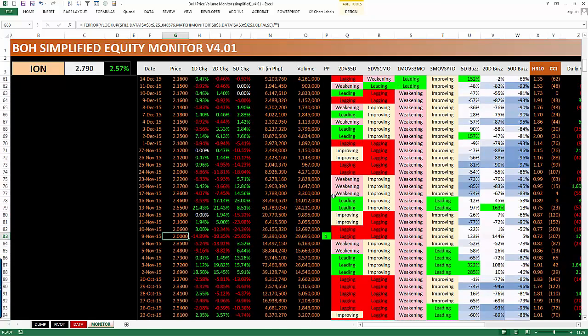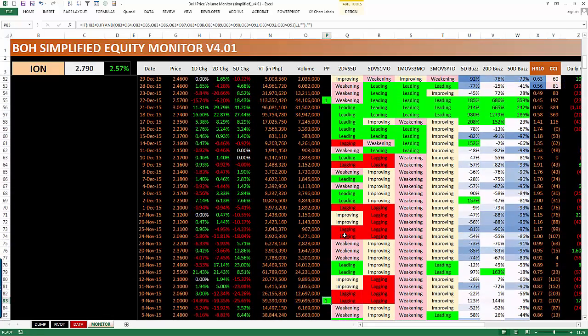Never na bumalik below 2 pesos itong si Ion during this period. So again, capitulation volume marked the low of that price action, and then it never tested 2 pesos again. Nag-consolidate siya between 2.10 and 2 pesos, but it never broke below 2 pesos anymore.